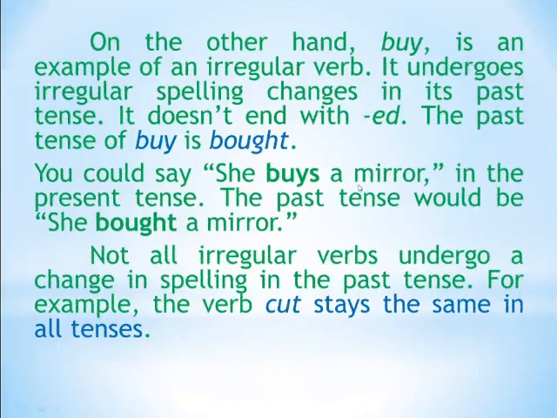On the other hand, you see here, what's happening? Buy is an example of an irregular verb. Why is this an example of an irregular verb? Because we are not just adding ed to the word buy to make its past.